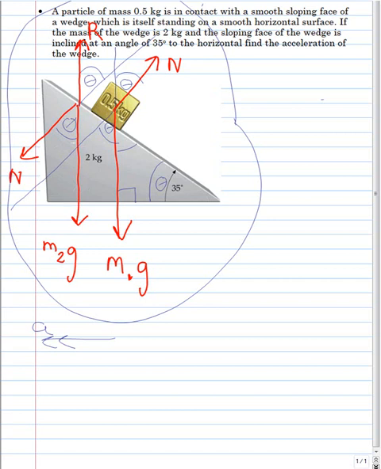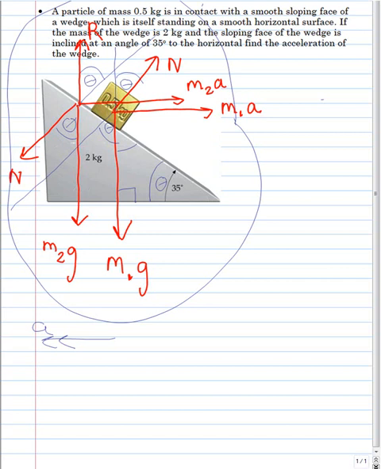So for example, on my particle, I will have a pseudo force m1a acting in this direction, and on my wedge, I will have a force m2a. So they are my two pseudo forces.